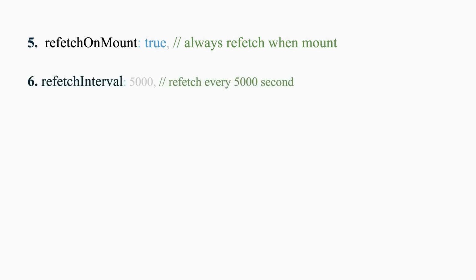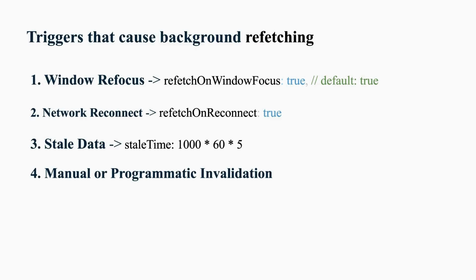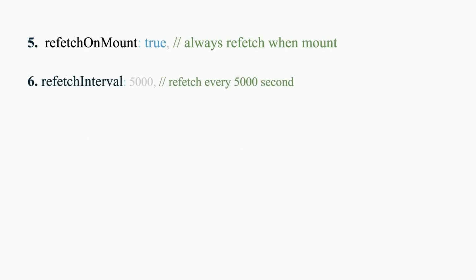So refetch interval makes the query automatically refetch at a fixed interval. So after every 5 seconds, it refreshes. Stale time mainly affects other automatic triggers like refetch on mount, refetch on window focus, refetch on reconnect. But refetch interval ignores the stale time by default.